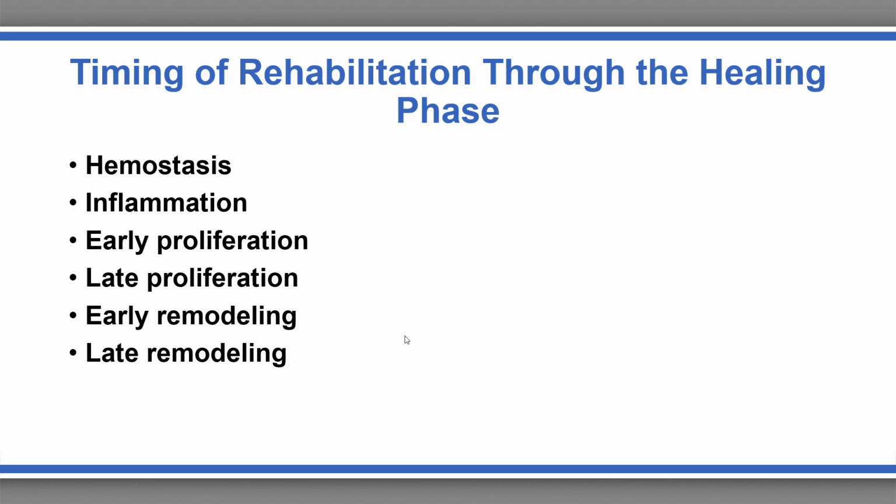A rehabilitation progression will always be determined by where the injury is within its healing process. And so being able to identify the healing process and appreciate where a patient may be within this journey to rehab is essentially vital to being able to create a successful program.